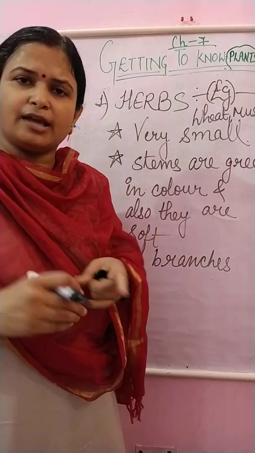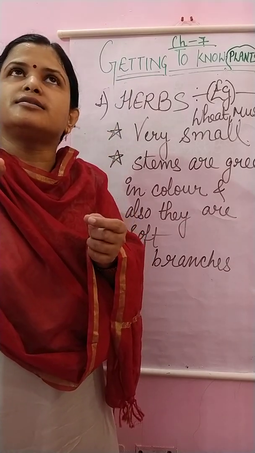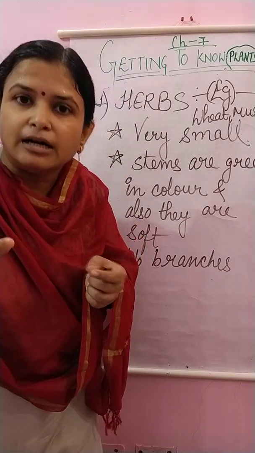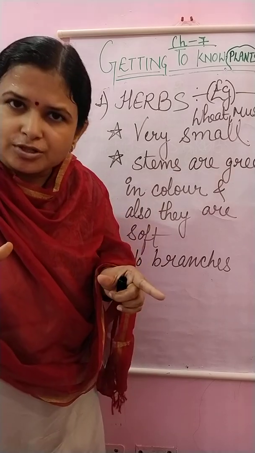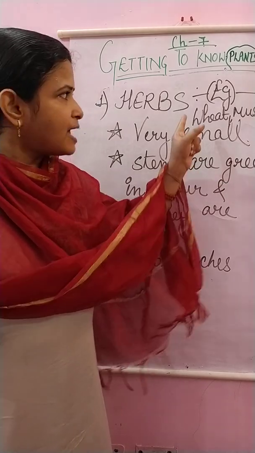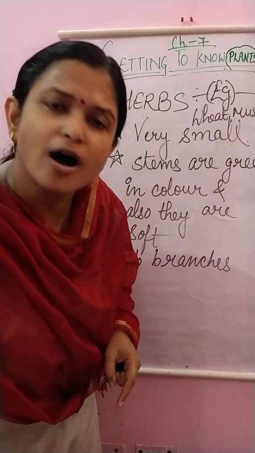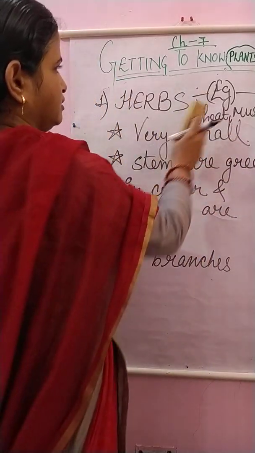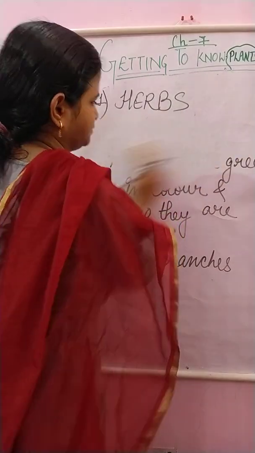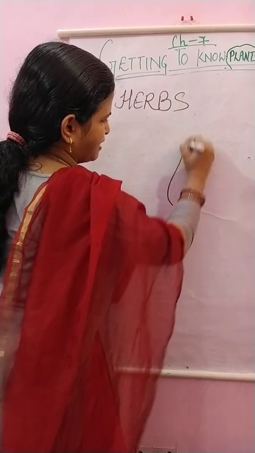Again, I am repeating. They are very small in size. Their stems are green in color, and also they are soft, and they don't have any branches. And what are the examples? Like wheat plant, mustard plant, all these are the examples of herbs. Like if you see herbs, they are like this.